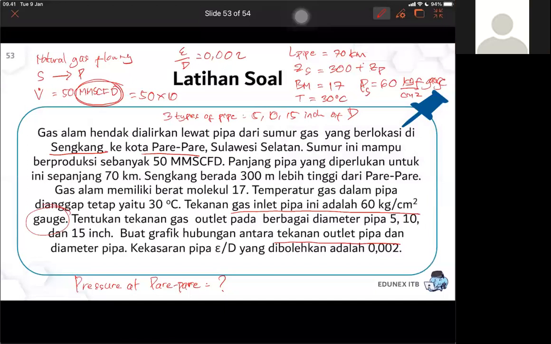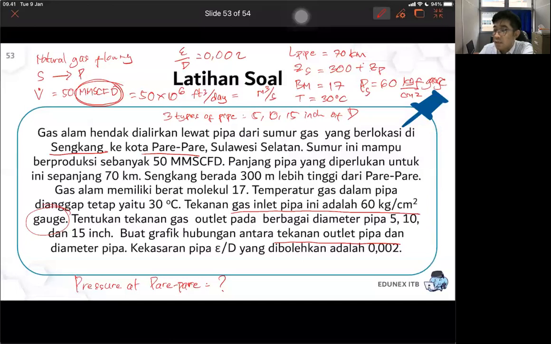Million is 10 to the power of 6. Yes. Cubic feet per day. So to avoid error in your calculation, please do all the calculation in the standard unit. So you need to change it into, what is the standard unit of the flow rate? Cubic meters per second. Okay.